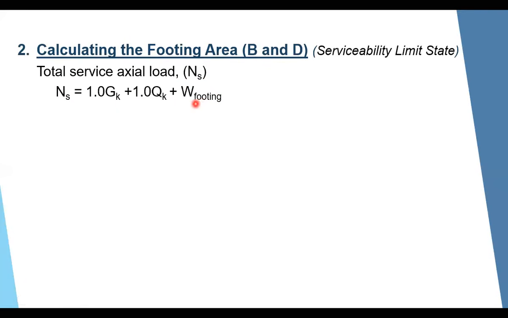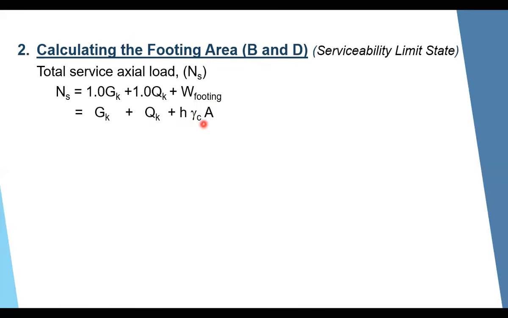So we have to consider the weight of the footing. Let's apply this. The NS equals dead load plus live load plus weight of the footing. The weight of the footing equals the volume of the footing times the density of the concrete. The volume of the footing equals the area of the footing times the H.